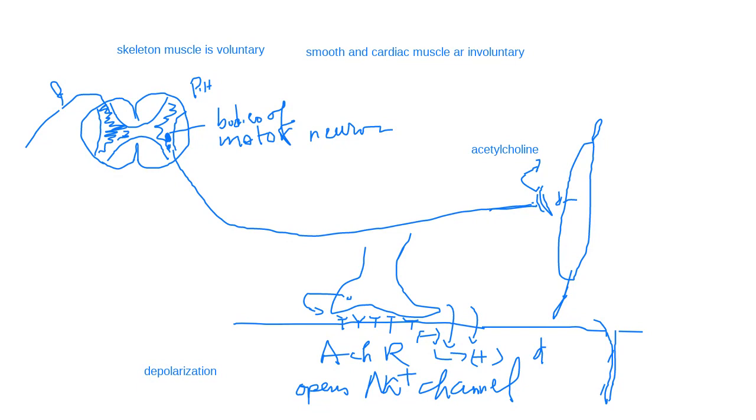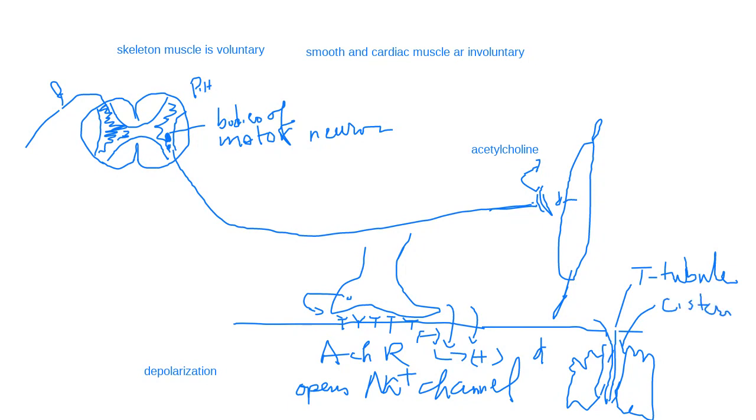Next to the T-tubule is the cisternae of the sarcoplasmic reticulum. The cisternae is part of the triad. So this is the T-tubule, and this is the cisternae of the, I'm just going to put SR for sarcoplasmic reticulum.